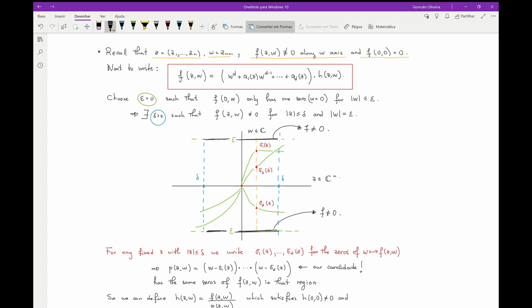So we can go, no, delta, I called some other small number, delta. I can go away from z equal to 0 in those lines and the function f continues to be non-zero. So I draw delta here in blue. So we know that f is non-zero in this black line here and this black line there, which are actually polydisks, but in one dimension less.